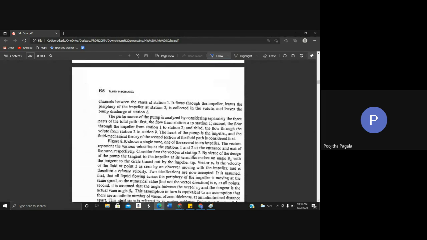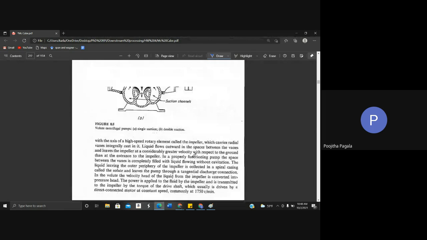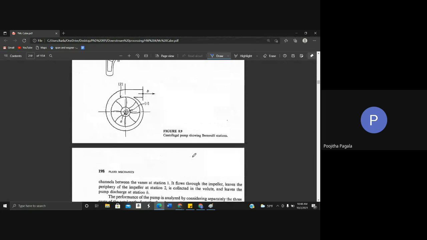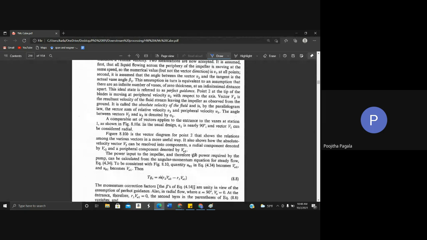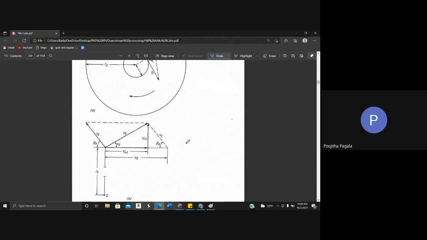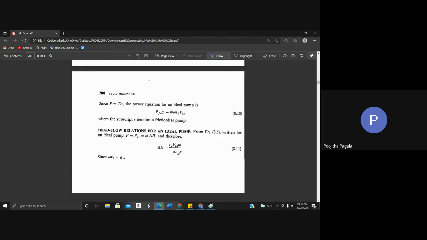And you can also look at the diagrams of the pump and watch YouTube videos to learn more about pumps, because these are going to be very important from an interview point of view.